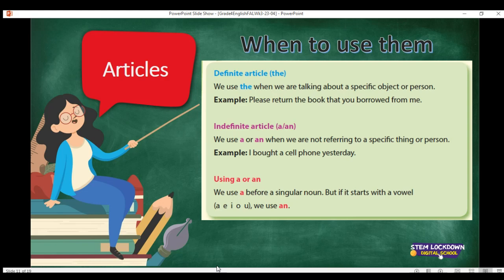I can't say the Eskimo built a igloo, because I'm sure you can hear that doesn't sound correct. So a is for a singular noun, so like a dog, a puppy, a cat. But if it starts with a vowel, I use an. So like apple, owl, igloo. So we're going to look at some examples now.